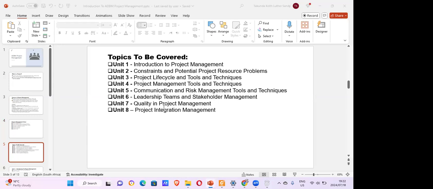It doesn't matter the industry, it doesn't matter the sector, but these three things are very key to be mindful of, because they have the capacity to define whether your project succeeds or not. So these three things comprise the cost of your project, the time or schedule that you have on your project, and the scope of your project.